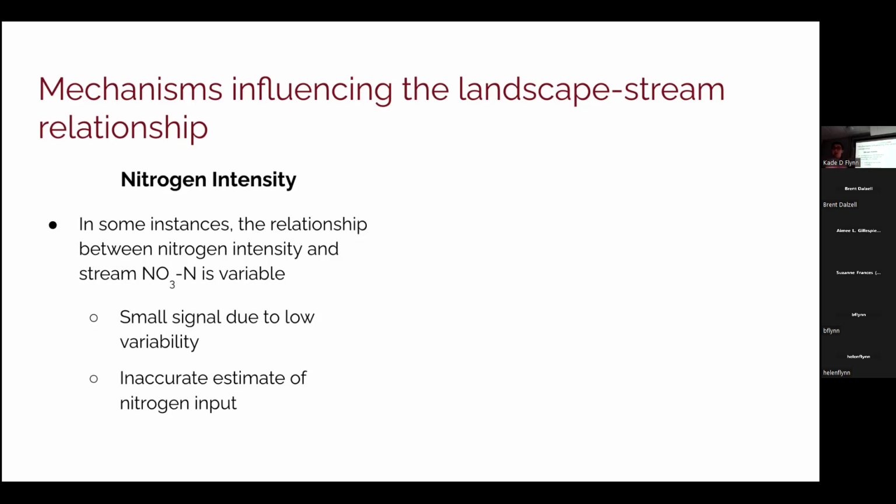Also, we're estimating these nitrogen inputs based on crop rotation histories. And so these aren't really reflective of actual on-farm decisions that are being made. And so it could be that a subset of fields that don't follow these recommended fertilizer rates might be influencing this relationship disproportionately.